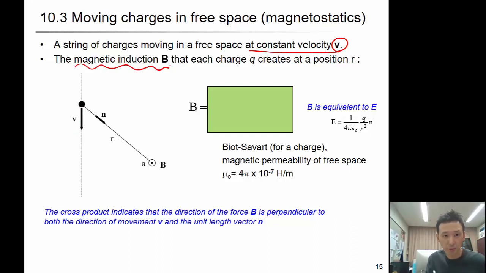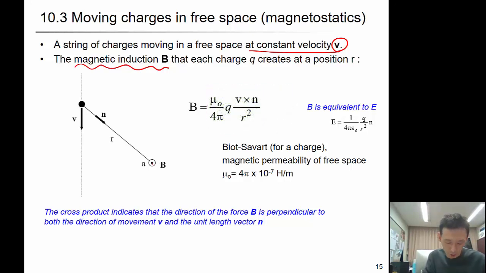So the magnetic induction B that each charge Q creates at a position R here is calculated like this: mu naught over 4 pi times Q and velocity V, and the normal vector divided by R squared.